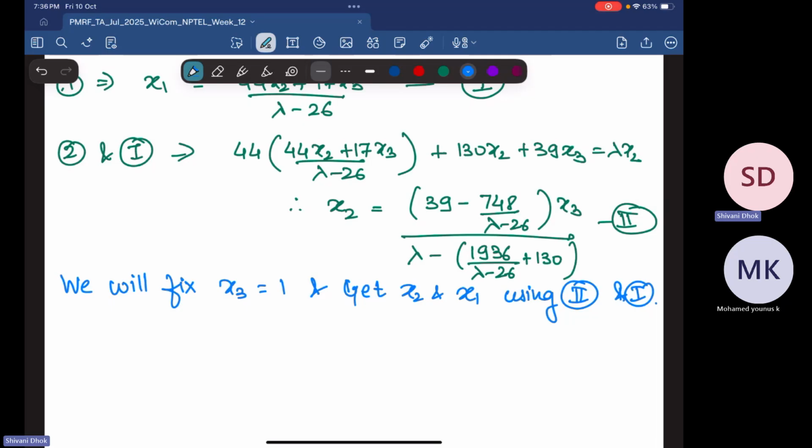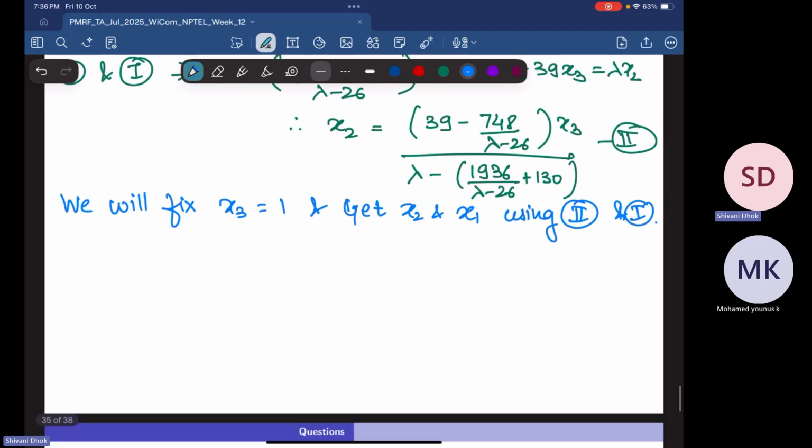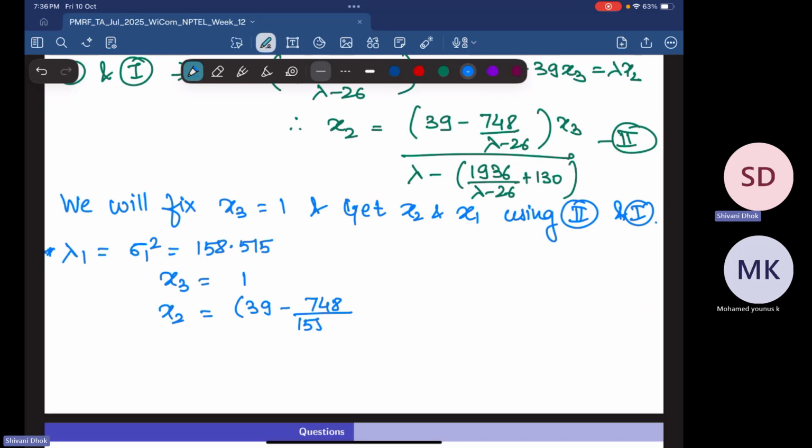Okay, so x3 is equal to 1. Now for lambda 1, which is equal to sigma 1 square, which is nothing but 158.515, with x3 equal to 1, x2 comes out to be 39 minus 748 divided by 158.515 minus 26, into x3, that is 1, divided by 158.515 minus 1936 upon 158.515 minus 26, plus 130.